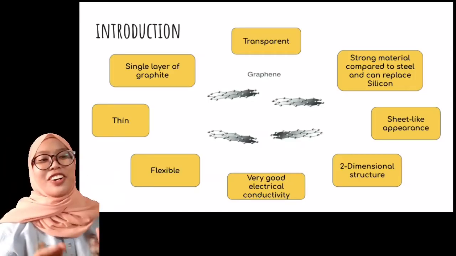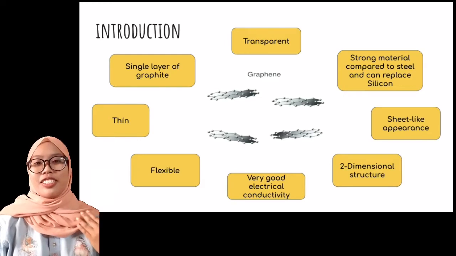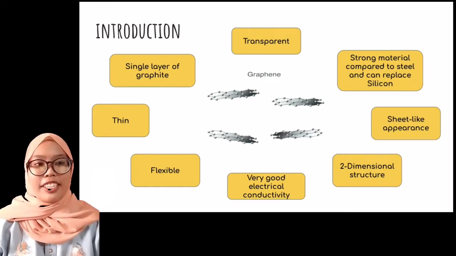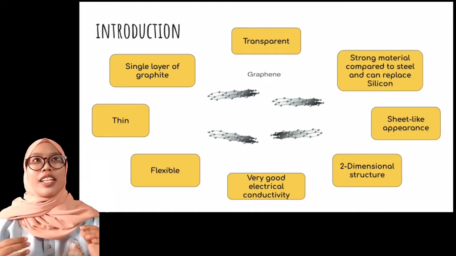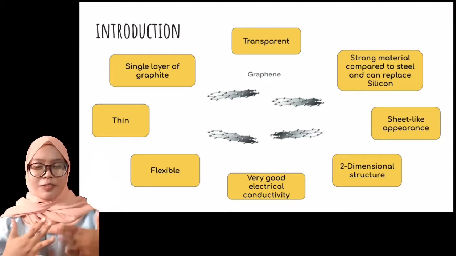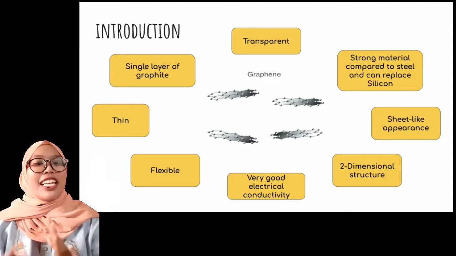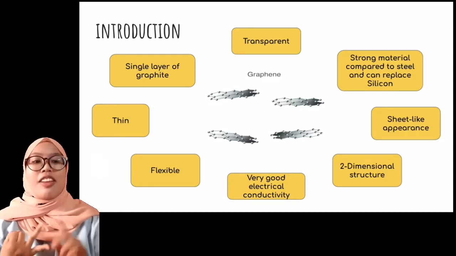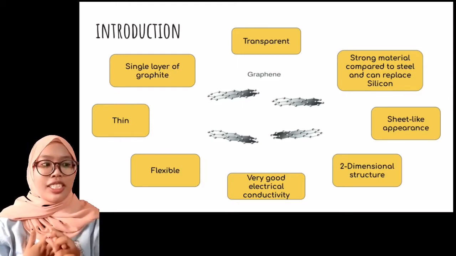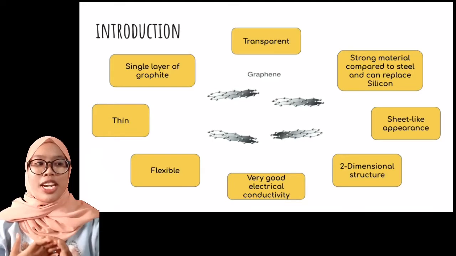First, let me go on to get to know graphene. Graphene is a single layer of graphite, which is produced by the process of exfoliation. Graphene is transparent, thin, flexible, has a two-dimensional structure, and has a sheet-like appearance.